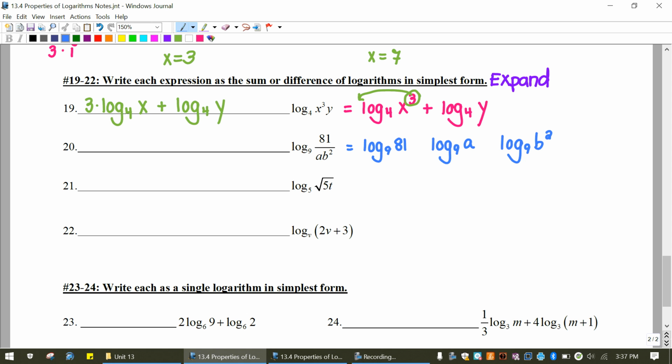The confusing part here is that you've got two things that you're dividing by. So when you have a quotient, when you are dividing, everything that is underneath this fraction bar, everything in the denominator, has to have a negative sign in front of it.